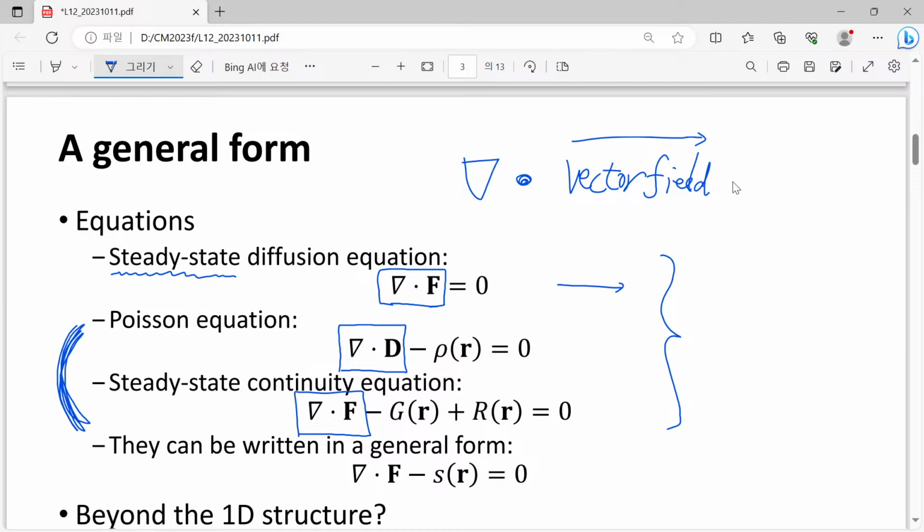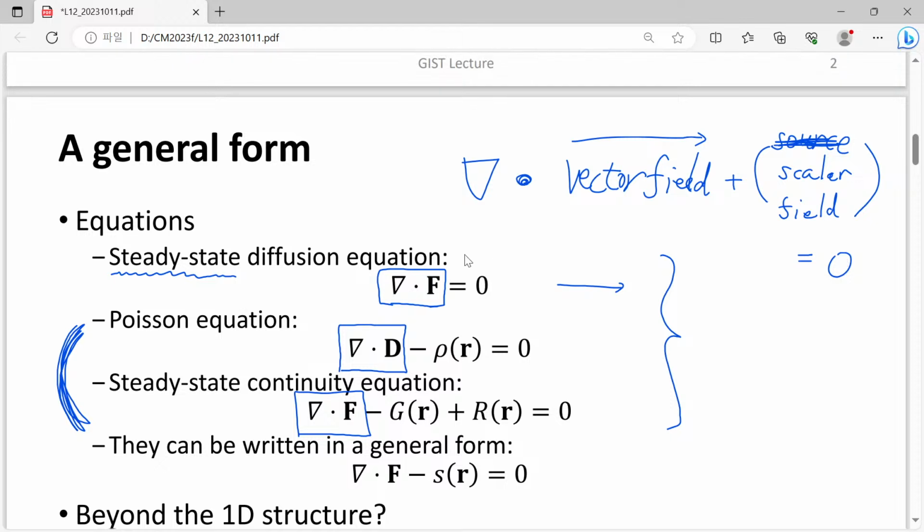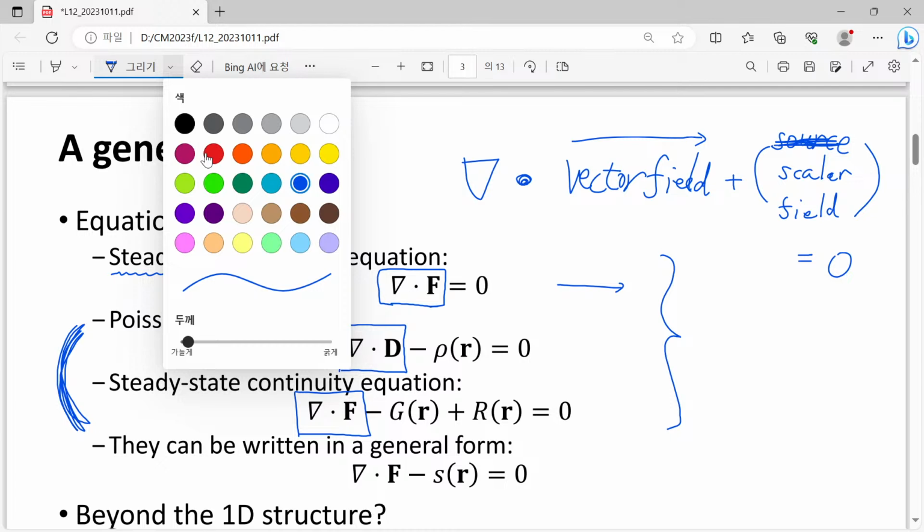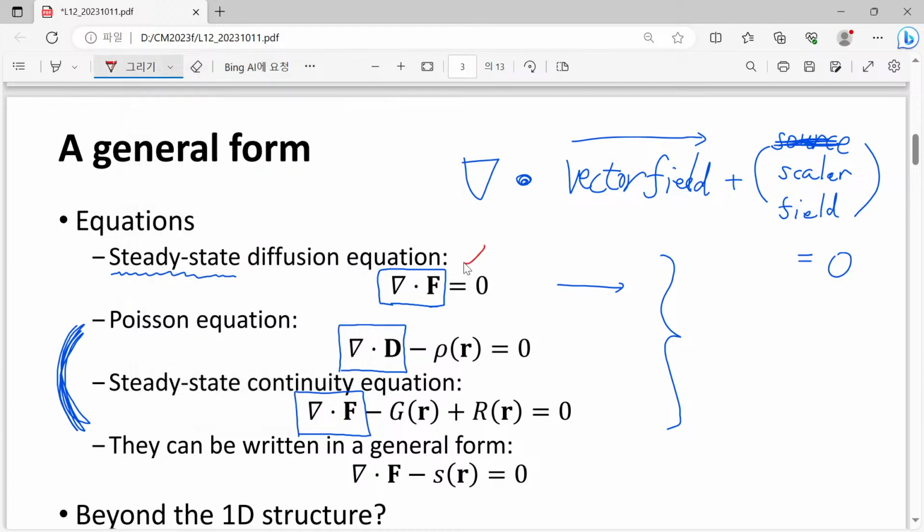And here we have another one, which is just a scalar field, and that is matched to 0. In the case of the steady-state diffusion equation, what is the scalar field?